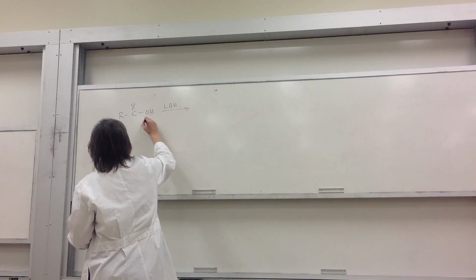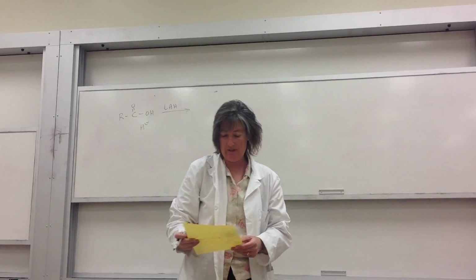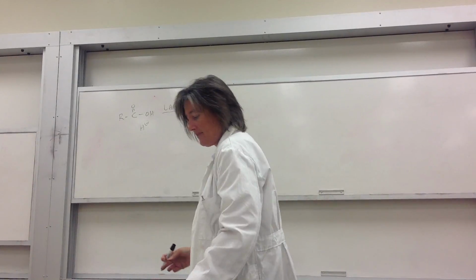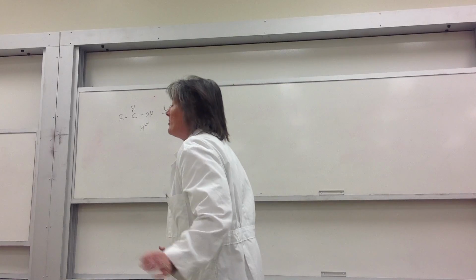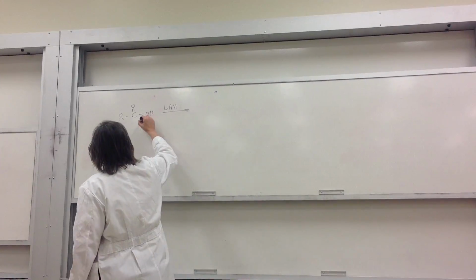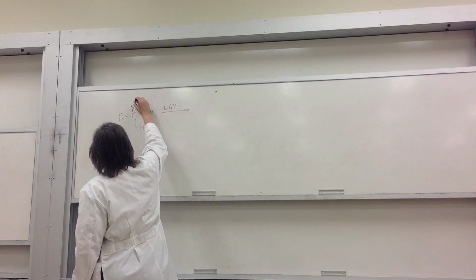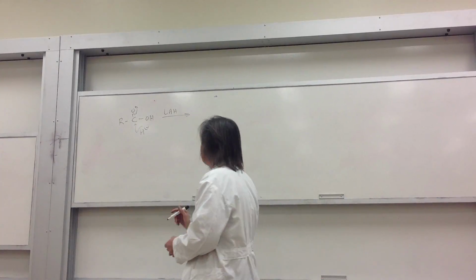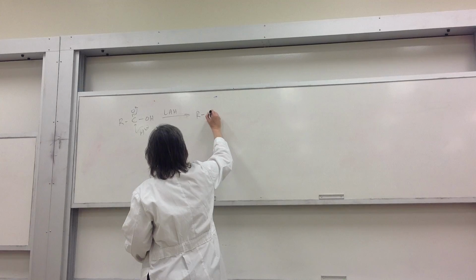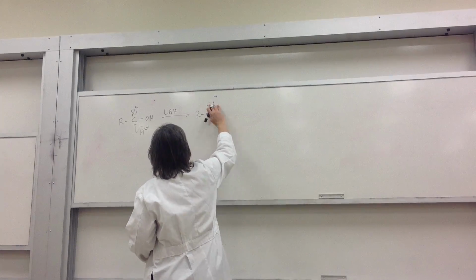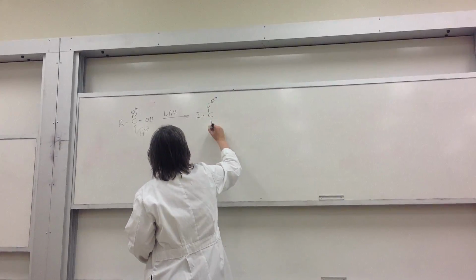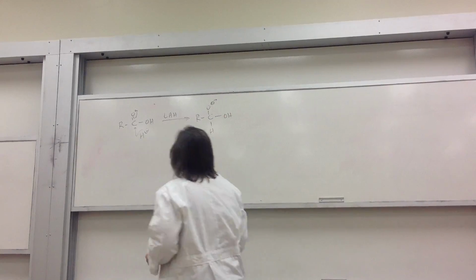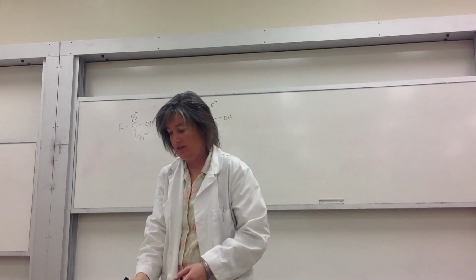Lithium aluminum hydride is a source of H minus. What's going to happen is the H minus is going to attack the carbonyl, and electrons will go up onto the oxygen. There's OH.